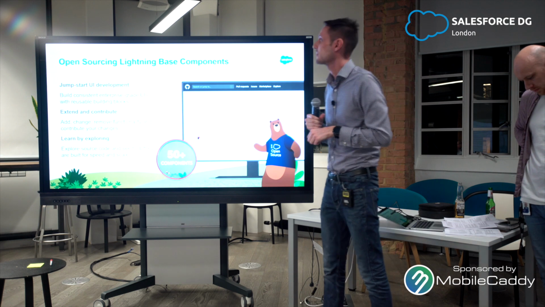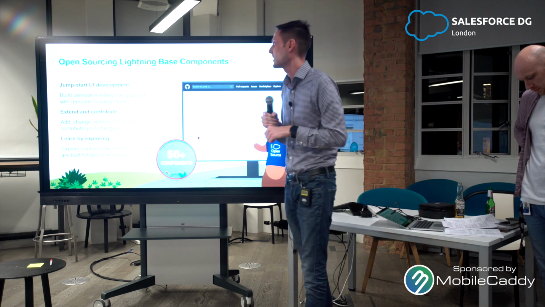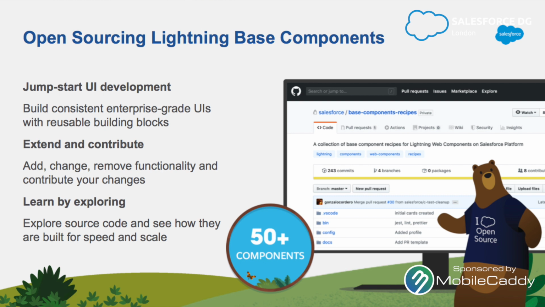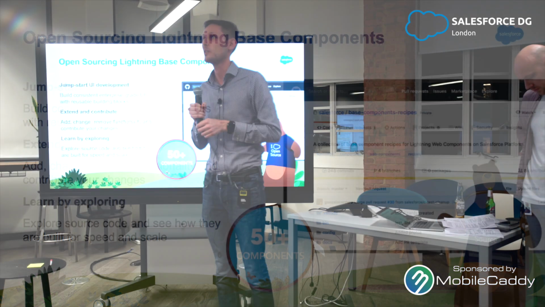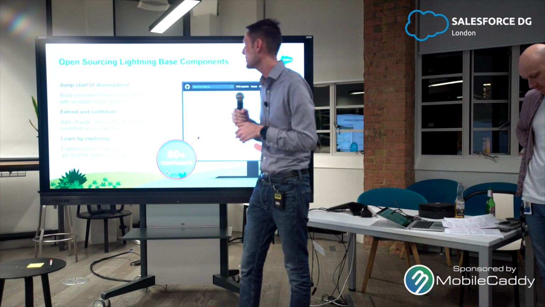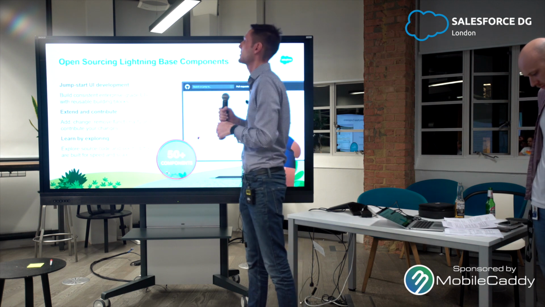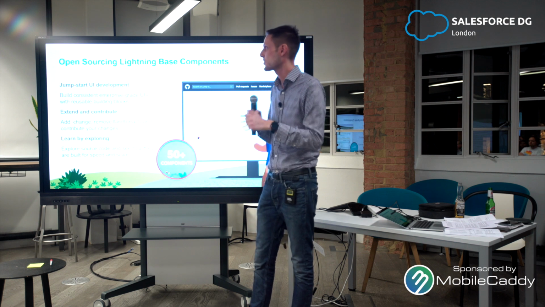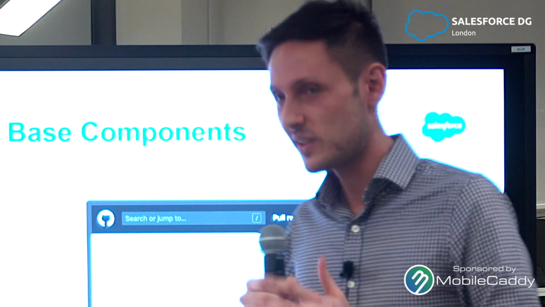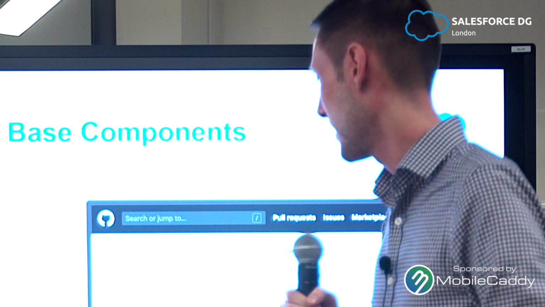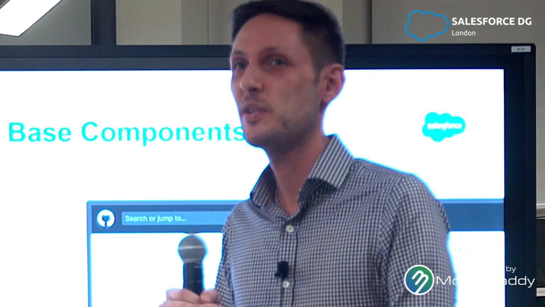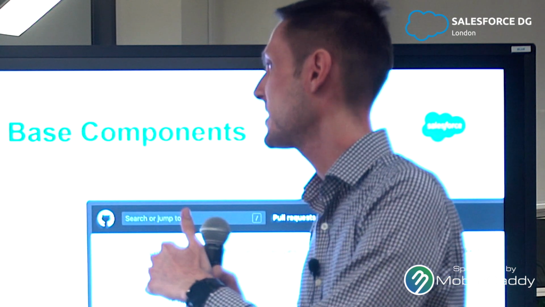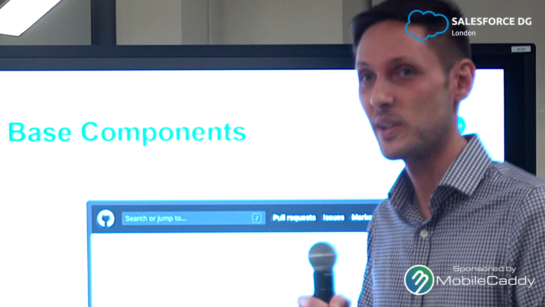Moving on, as you all know, in 2019, Salesforce announced the Lightning Web Components. Later that year, in Trailhead DX, they announced the open source framework for Lightning Web Components. And now they announced the base components library, which is open sourced as well, which is a library of 50 plus components, which allows you to basically jumpstart your UI and UX development.